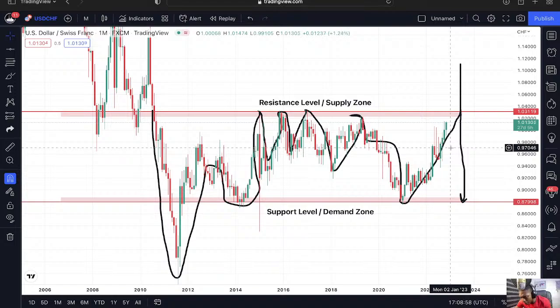Kobe said it can break or come down. Udofia said it will most likely come down because it has tested the resistance level multiple times. Dio said it will fall back down. Kartik said it will reject.